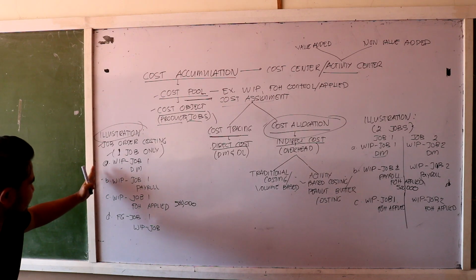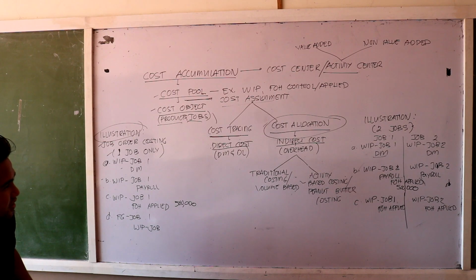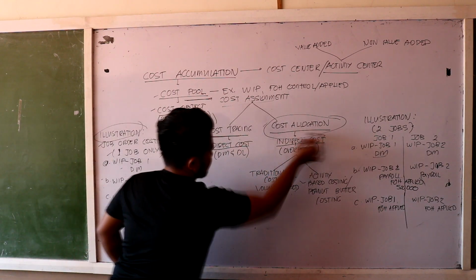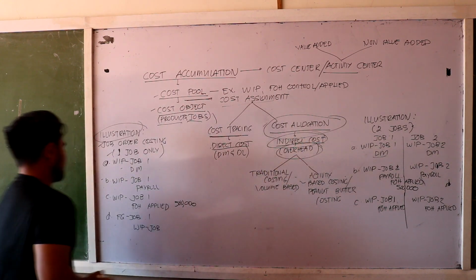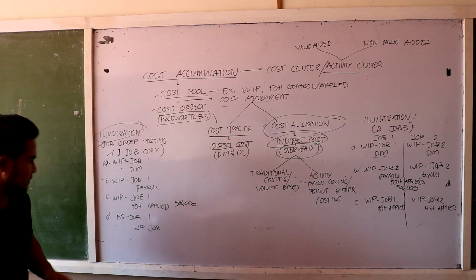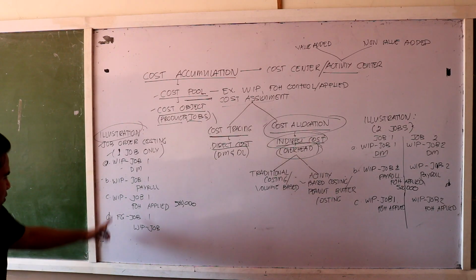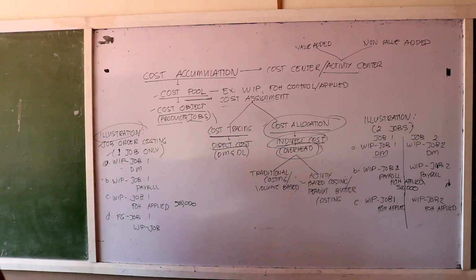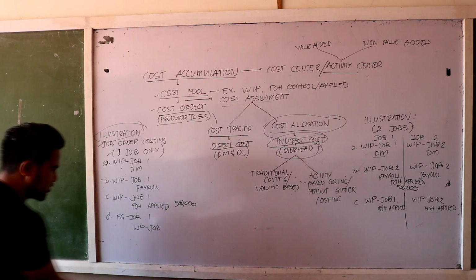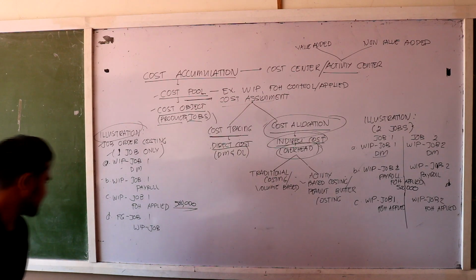regarding the illustration, we will focus on our indirect costs or our overhead. So letter C, if we have applied overhead, the entry would be work in process, factory overhead applied. Siyempre, let's assume the amount of 500,000.